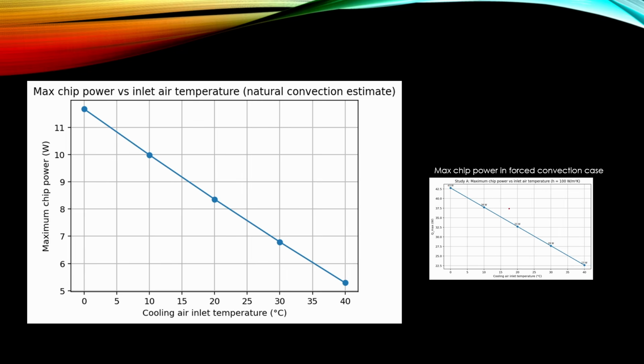And on the right side you see the result for this forced convection case. Then this maximum power was at the level of 22 to 42 watts. So the maximum power is much less if we have only natural convection.